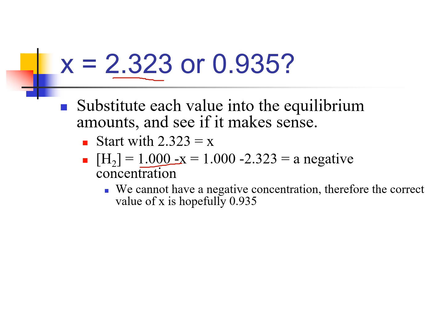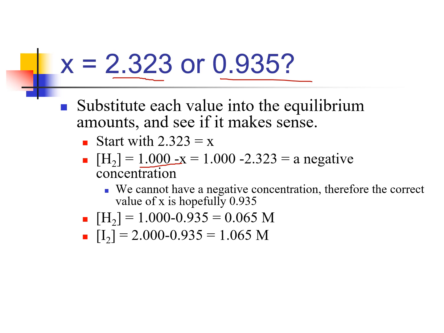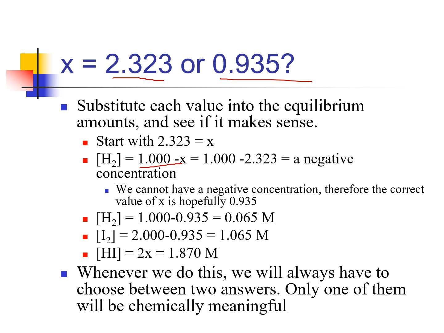You cannot have a negative concentration, therefore it has to be the 0.935. So I subtract, I get the hydrogen concentration, I get the iodine concentration, and I get the HI concentration. So again, anytime you do the quadratic, you're going to get two answers. You're going to have to choose which to use.